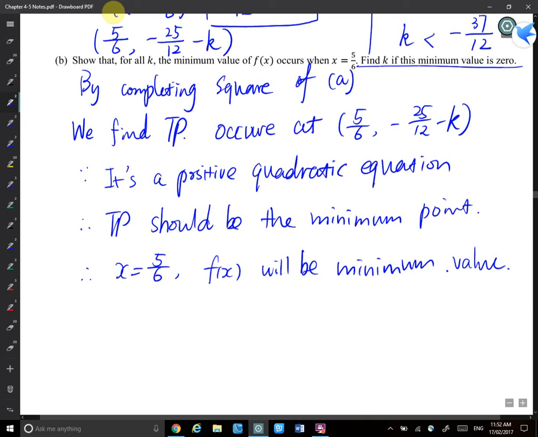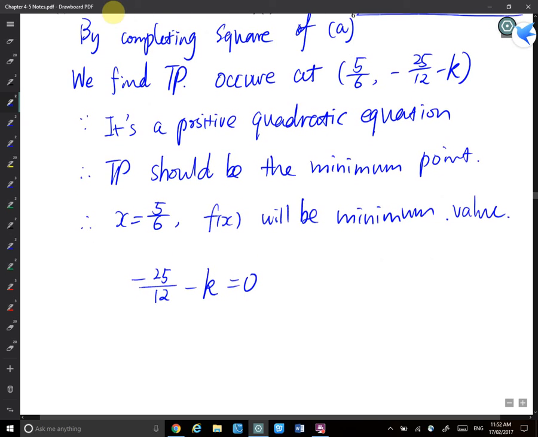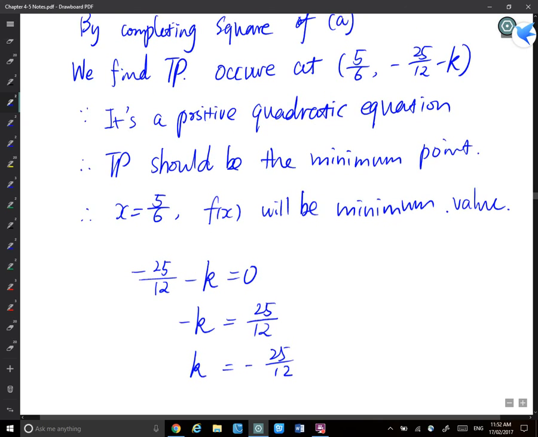If the minimum value is 0, then negative 25 over 12 minus k equals 0, so minus k equals 25 over 12, and k will be minus 25 over 12. So that is the k value when the minimum equals 0.